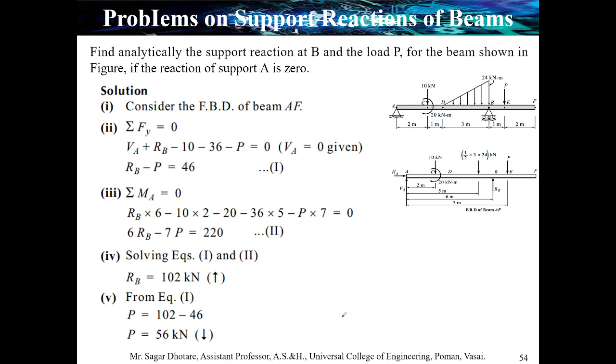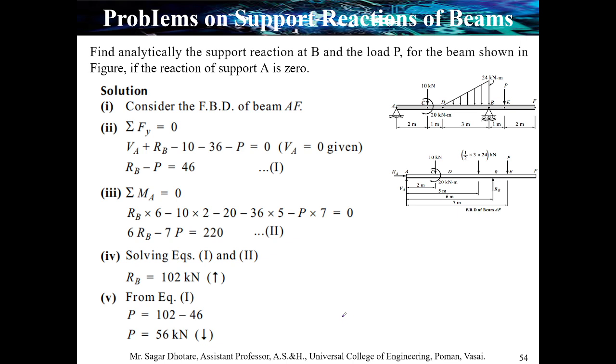Is there any difficulty so far in calculating these values and reactions at point A, at point C, then converting the UVL load into a single point load, and the reaction at point B, and the unknown load at point E?